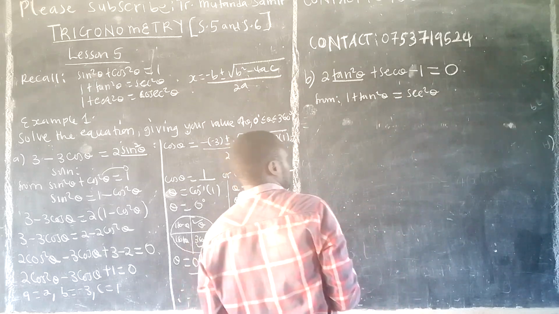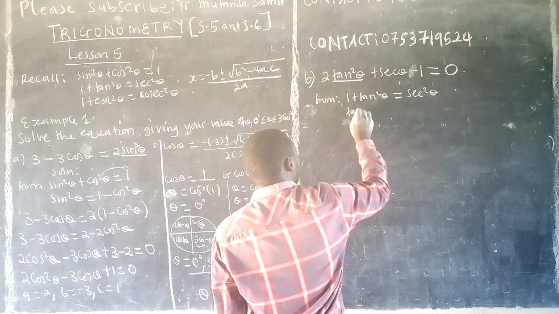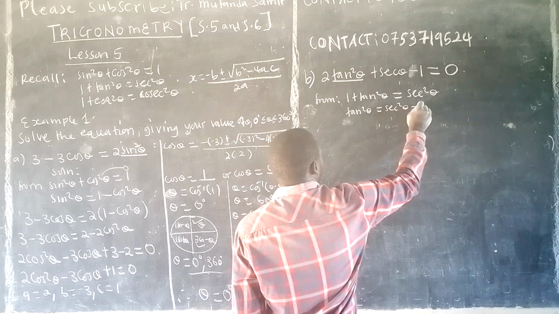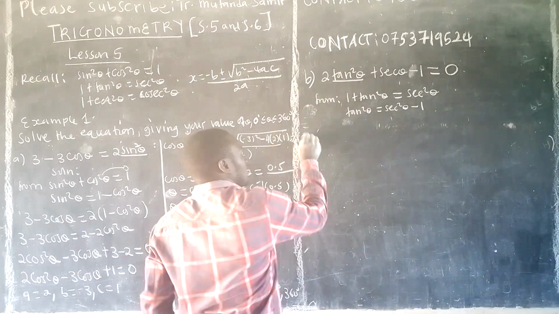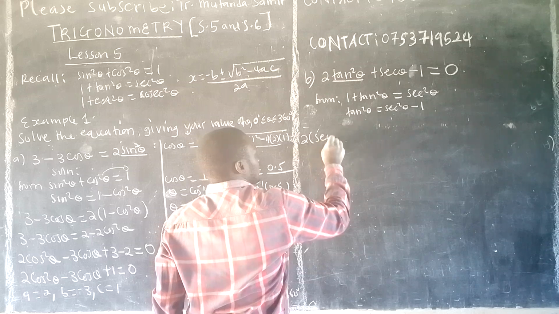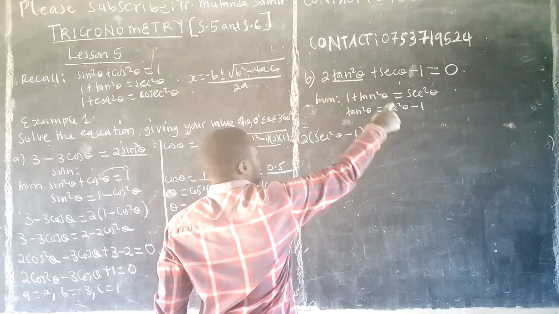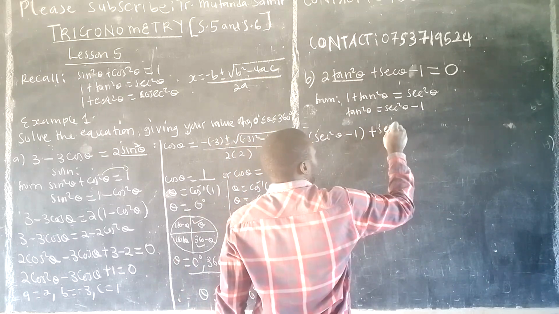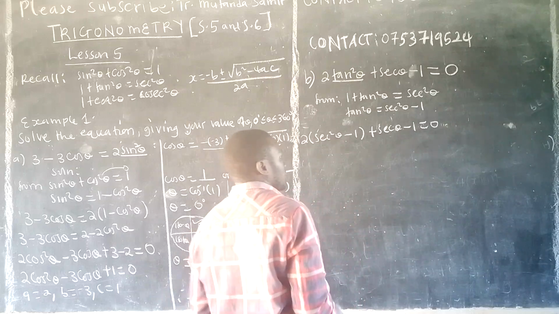So you make this one the subject. So tan squared theta will be equal to sec squared theta minus 1. Now in the place of tan squared, you put this. So you say 2 into sec squared theta minus 1, I'm substituting here, plus sec theta minus 1 equals 0.